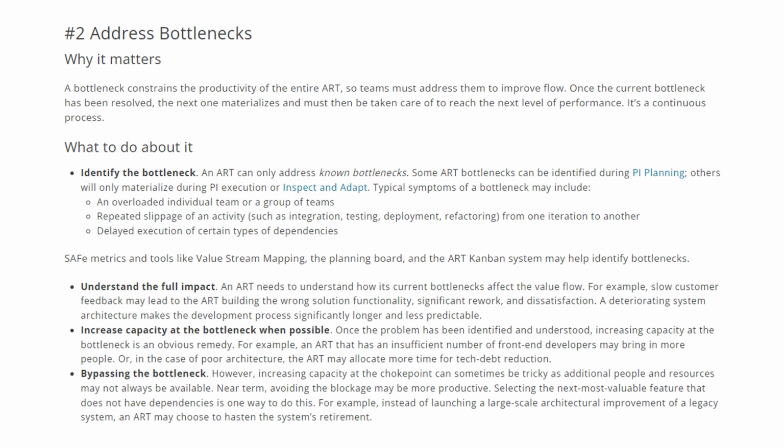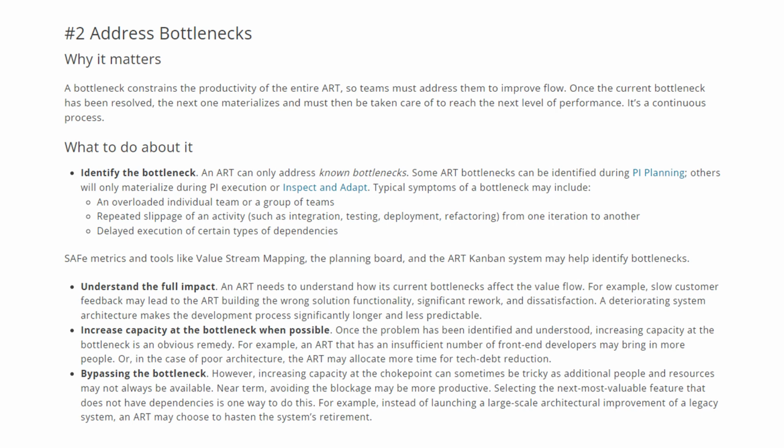Typical symptoms of a bottleneck may include an overloaded individual team or a group of teams, repeated slippage of an activity such as integration, testing, deployment, refactoring from one iteration to another, delayed execution of certain types of dependencies.